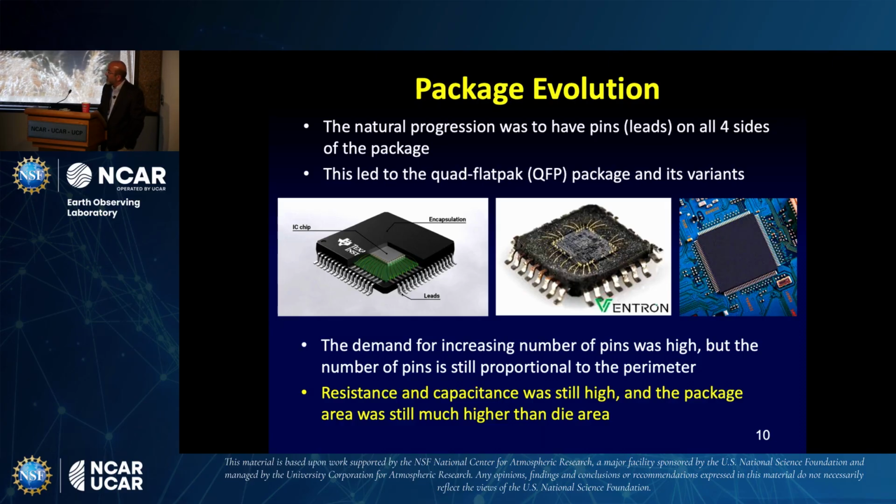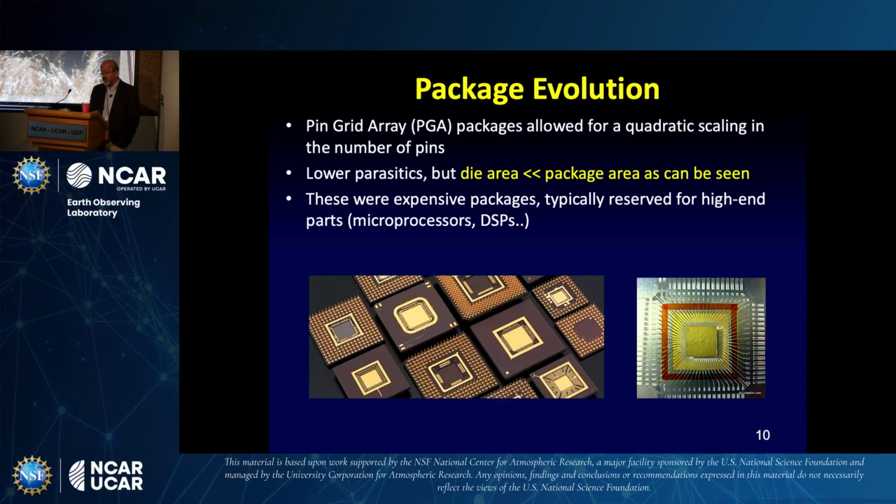But once again, you notice the more important thing is, look at the die, the small die in the middle here, and the package. The package is way bigger than the die, and that's still an opportunity, that gap that we haven't bridged, if you will. So once again, the package area is still much higher than the die area. So this is basically a continuing limitation.